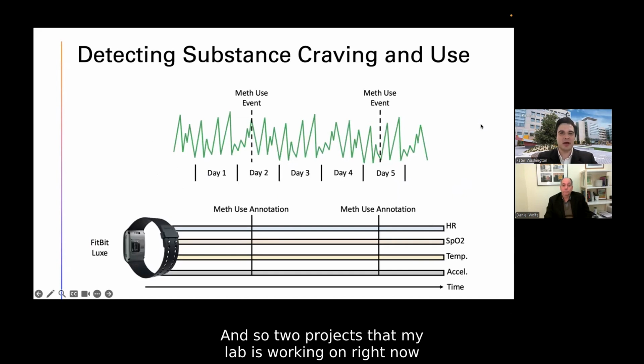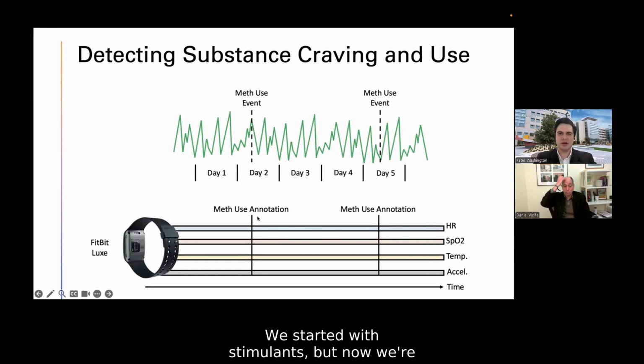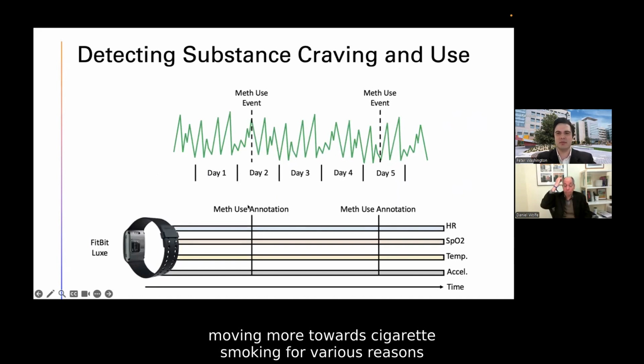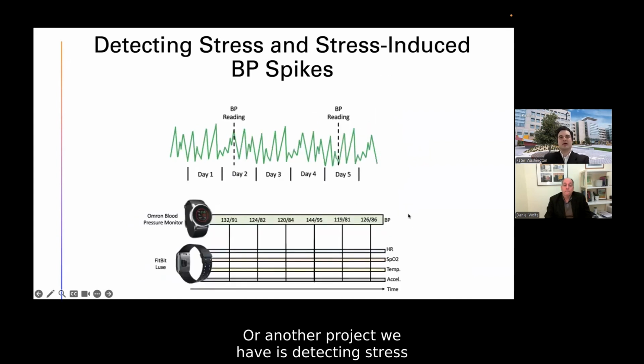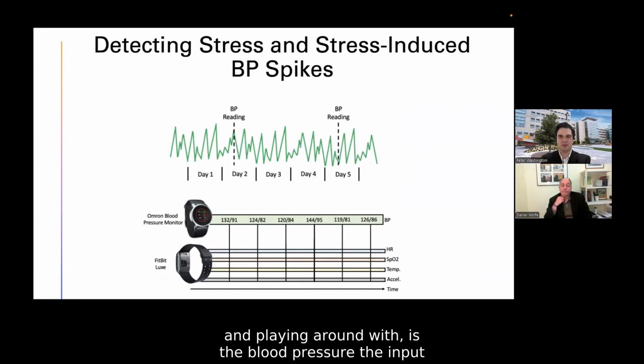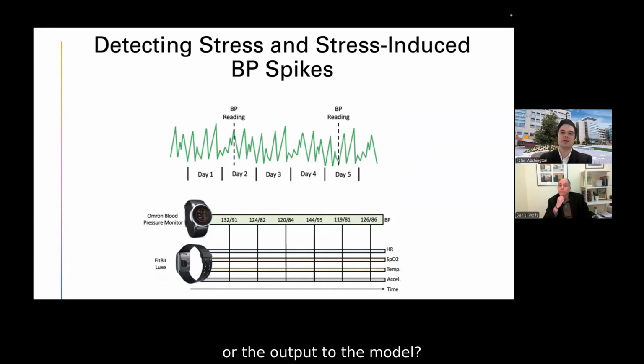Two projects that my lab is working on right now are detecting substance use and craving. We started with stimulants, but now we're moving more towards cigarette smoking for various reasons. But it follows this paradigm. Another project we have is detecting stress and stress-induced blood pressure spikes, and playing around with whether blood pressure is the input or the output to the model.